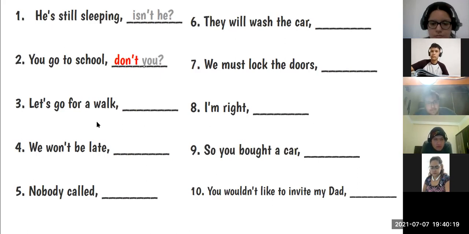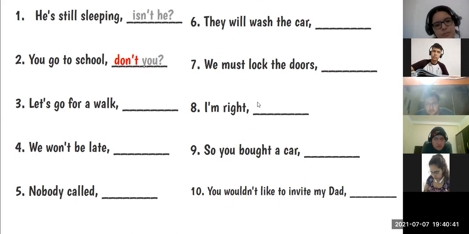Pero cuando no tenemos un auxiliar, lo que hacemos es buscar en qué tiempo gramatical está este statement. ¿Okay? Si está en presente, utilizamos don't or doesn't, or do or does. Si está en pasado, ocupamos did or didn't. Okay?